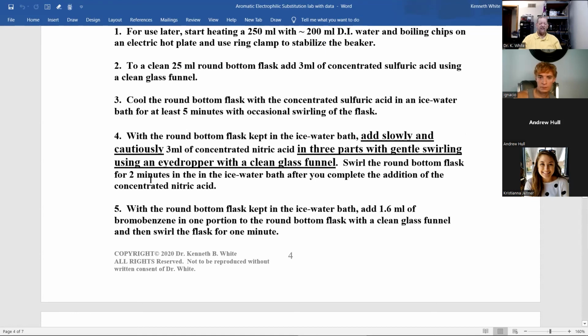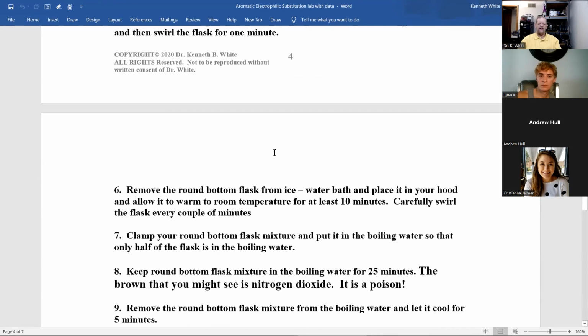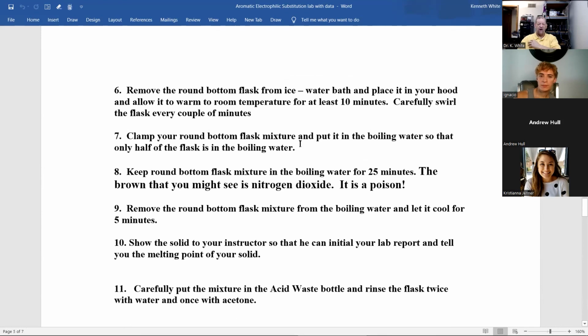Then after 2 minutes with swirling, you'll add in the round bottom all the bromobenzene, and you'll let it sit for 1 minute. Now you'll take it after that out of the ice bath and watch the videos and let it come to room temperature, because you're going to put this next into boiling water to react it longer.